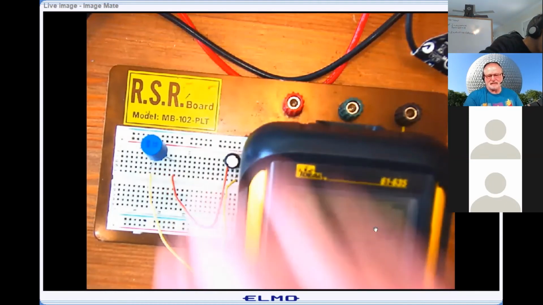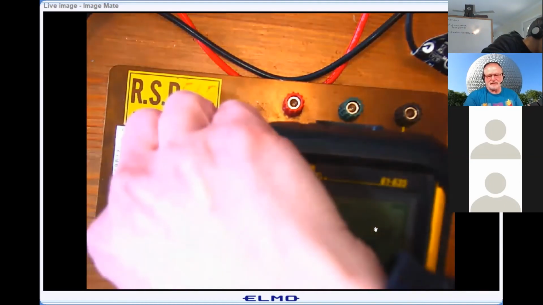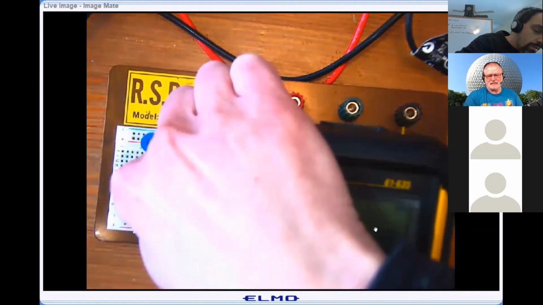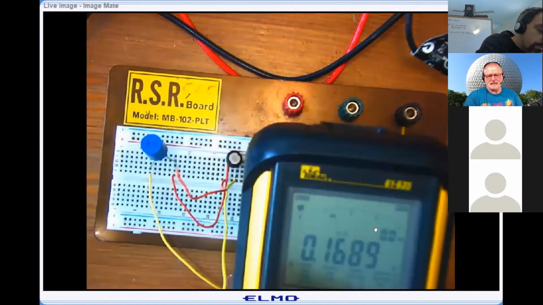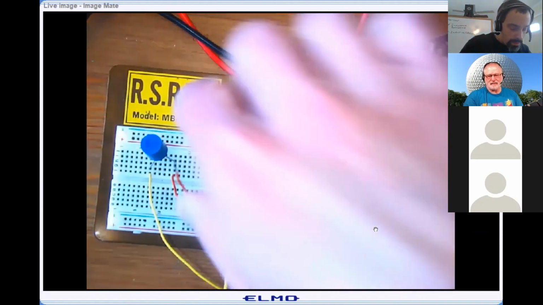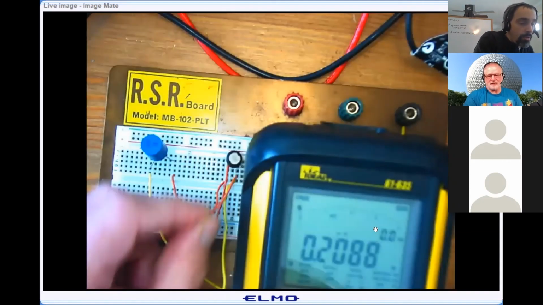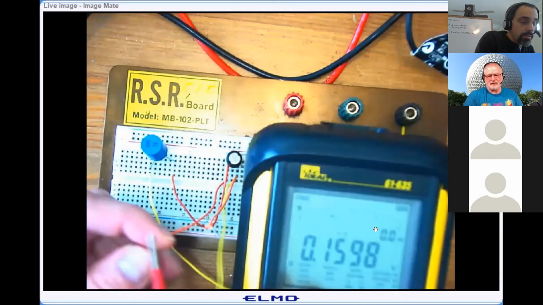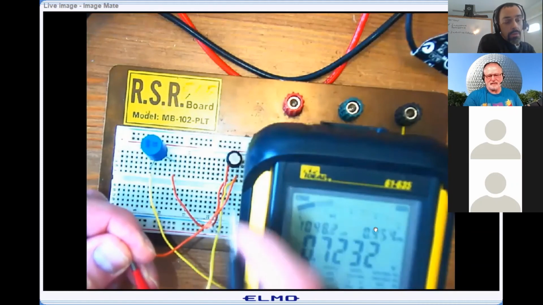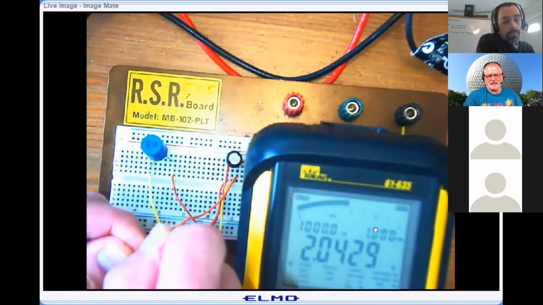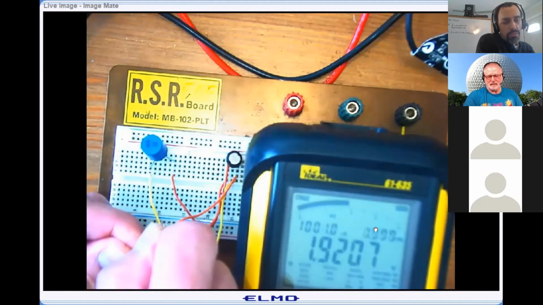It's small wires here, so I gotta do that. Hopefully I'm not gonna be part of the circuit. That'll be just bad news. How much for the second one? 3.7.